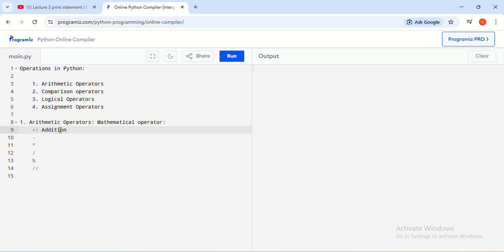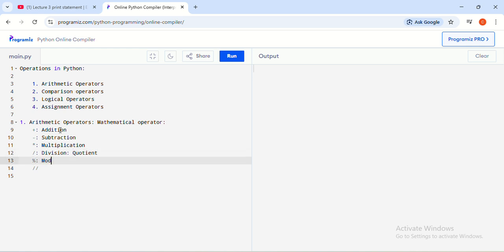Then plus, you all know, is a symbol which is for addition. Then subtraction, we all know what that is. Everyone who has studied maths knows the role of subtraction. Then star is for multiplication. Then this is called division, and the answer of division will be the quotient, that I will discuss in details.